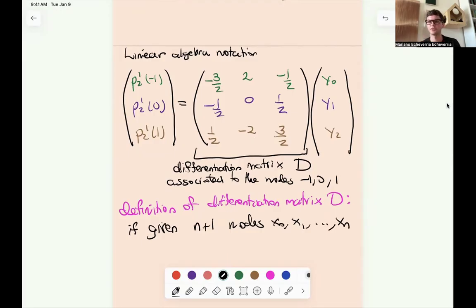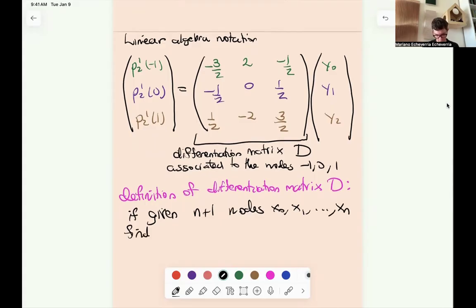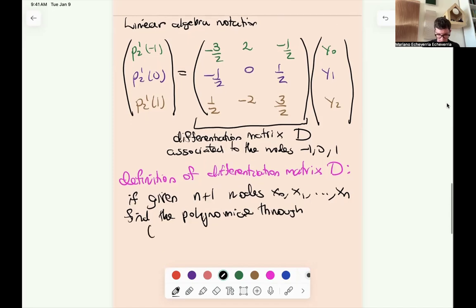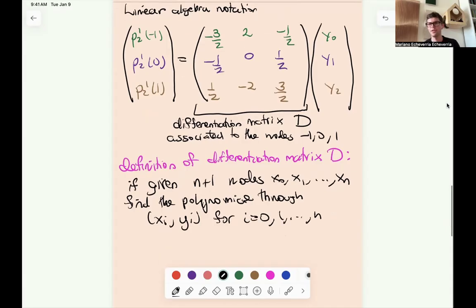So if you're given n+1 nodes, as we were saying, you find the polynomial through (xi, yi), for i equals 0, 1 up to n.